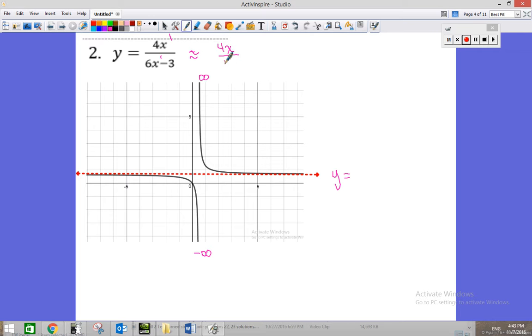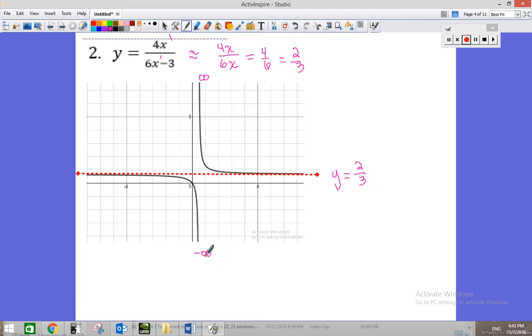You're getting 4x over 6x, because as x gets really, really big, subtracting 3, in a negative or a positive sense, when it gets far away from the origin, that minus 3 doesn't have much to do with the problem. The x divided by x is 1, and 4 divided by 6 is 2/3.